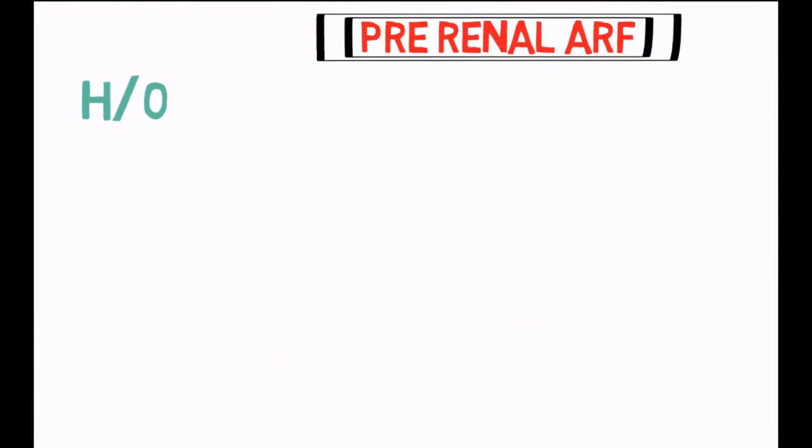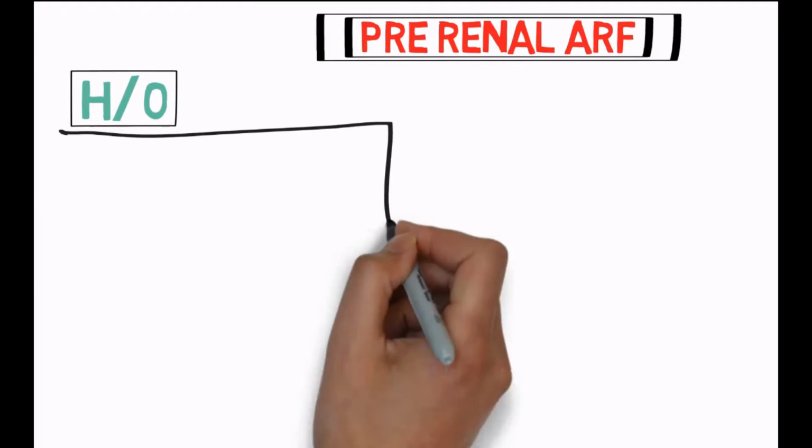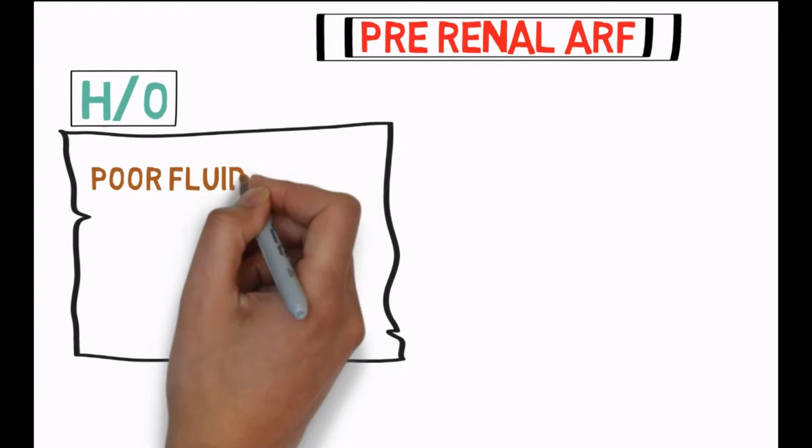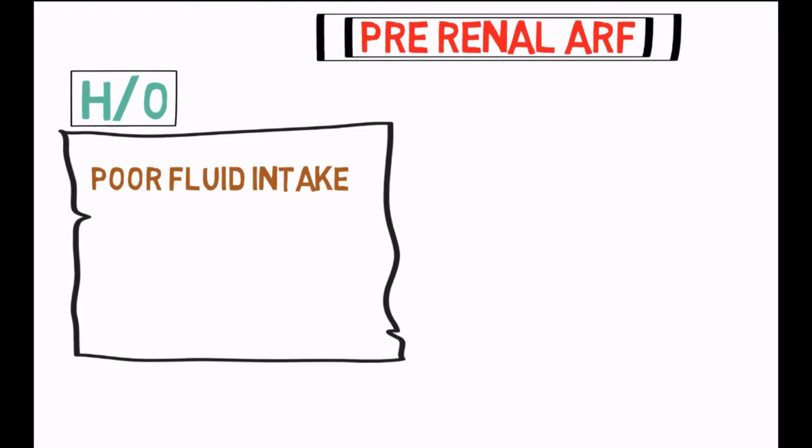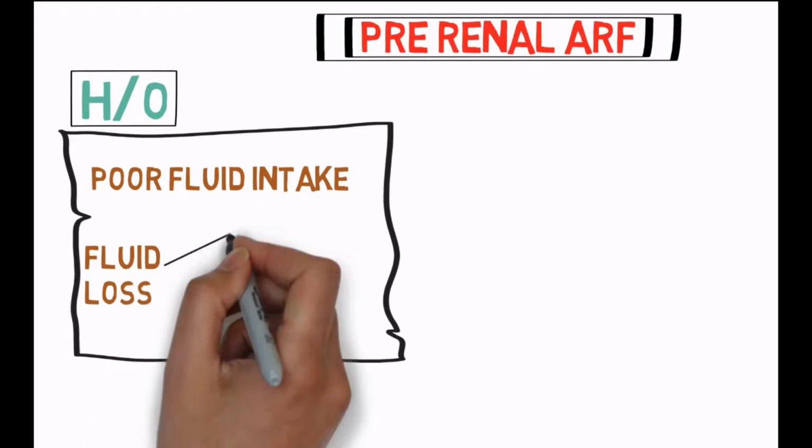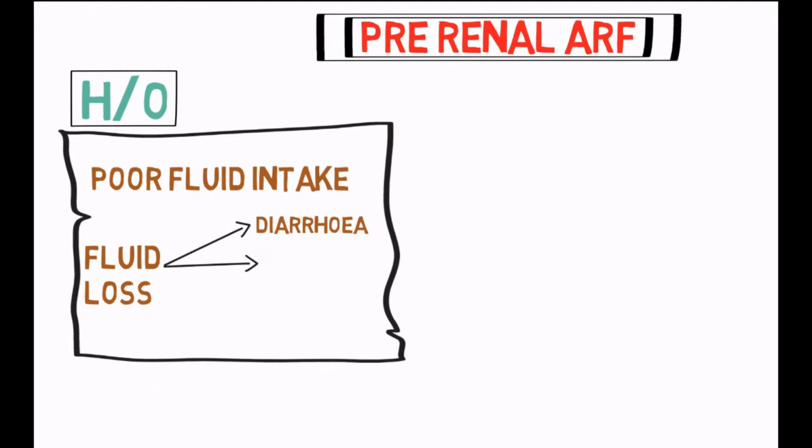Discussing the clinical features of acute renal failure, first we will talk about the pre-renal ARF. Most of the patients of pre-renal ARF have a history of poor fluid intake or a history of fluid loss in the form of diarrhea, vomiting, or blood loss.